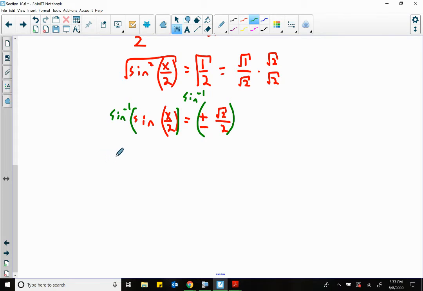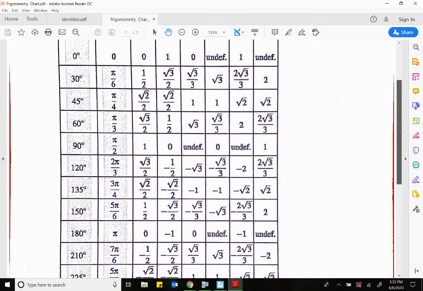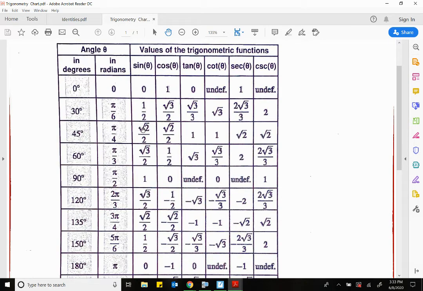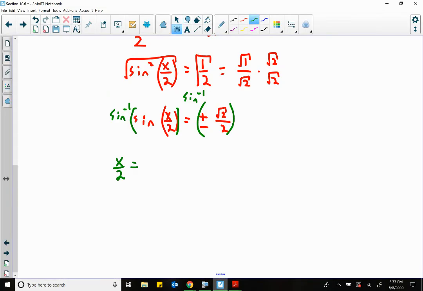So, x over 2 equals, when is sine positive square root of 2 over 2? Okay. Well, sine is positive square root of 2 over 2 at pi over 4 and 3 pi over 4. So pi over 4 and 3 pi over 4.